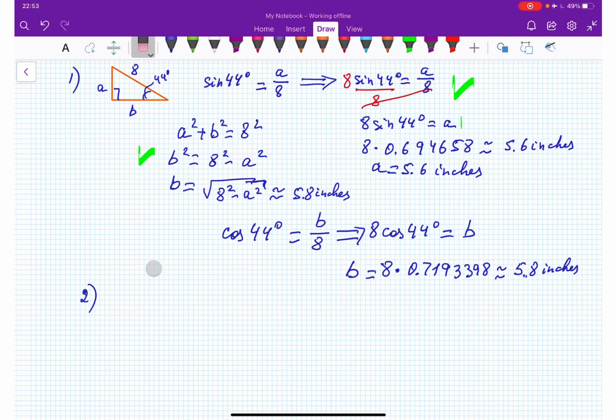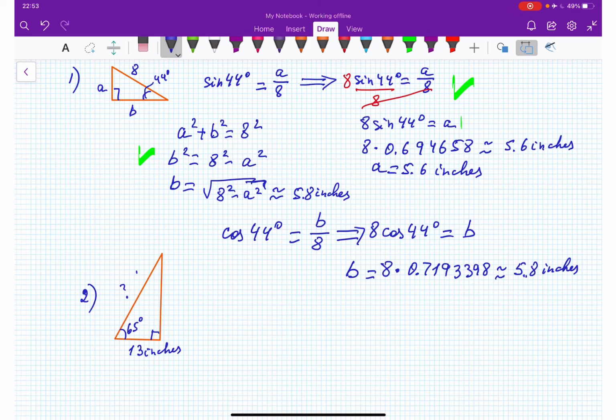Hold on, let me do it one more time so I get it in good shape. There we go. So what do we have? Obviously this is a triangle with the right angle. This is the right angle. This is our angle, 65 degrees. Here this leg is 13 inches.